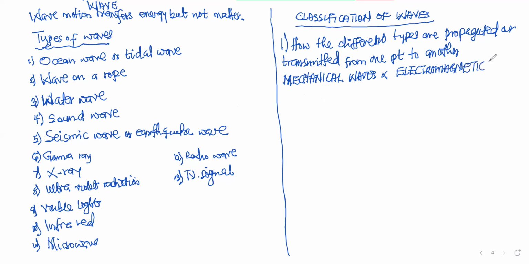So mechanical waves and electromagnetic waves are classifications of waves. They are not examples. The examples are what has been listed.